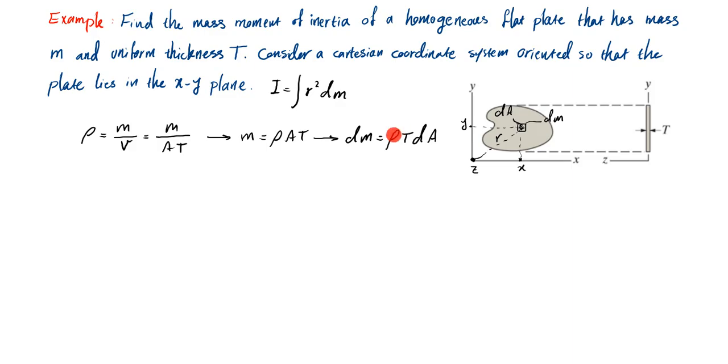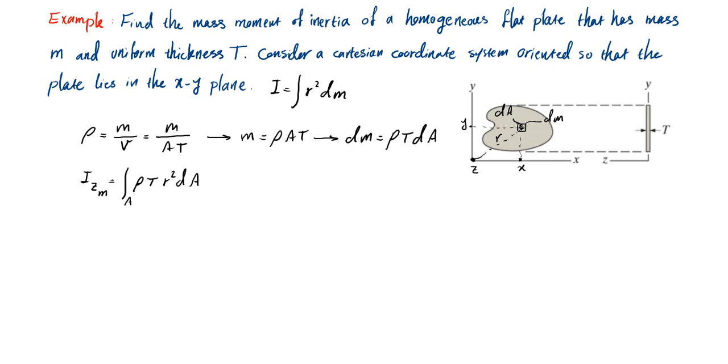Now I plug this into the equation for the moment of inertia. I'm going to specify that with z, because this is the mass moment of inertia about the z axis, and I'll put a small m here to identify this from area moment of inertia. That'll be rho t r squared dA, and now I'll take this integral over area.